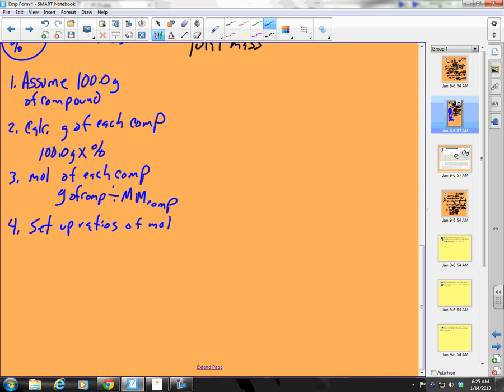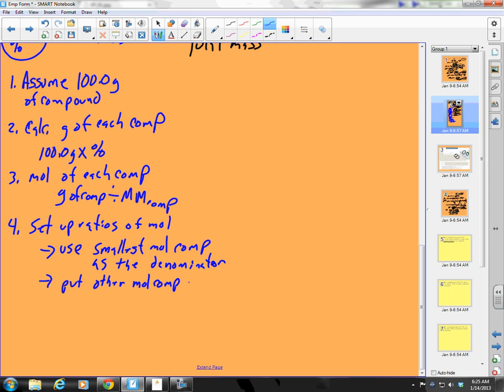Now, what am I going to do? I have these moles of components, and I'm going to use the smallest mole component as the denominator. And then I'm going to put the other mole component in the numerator.